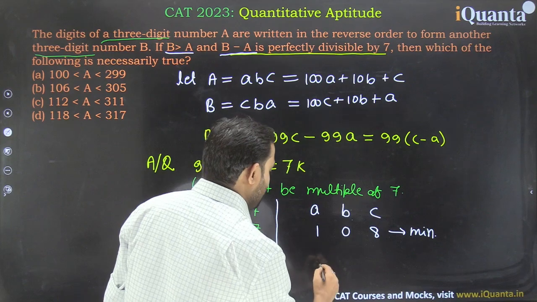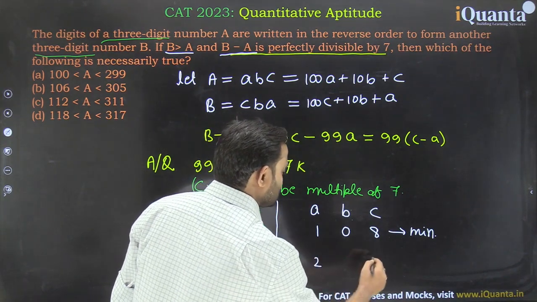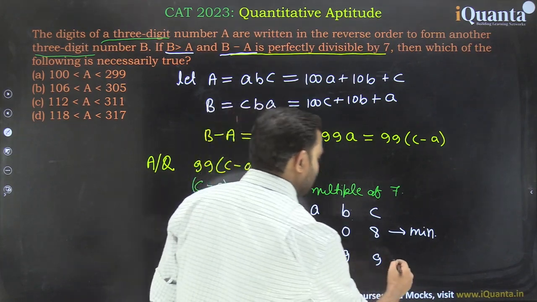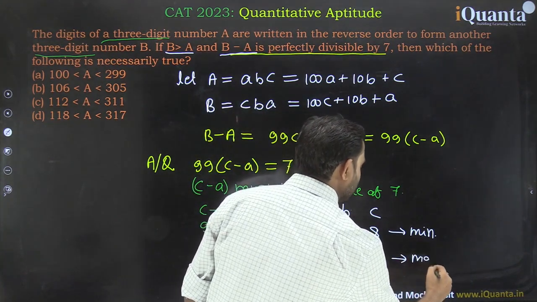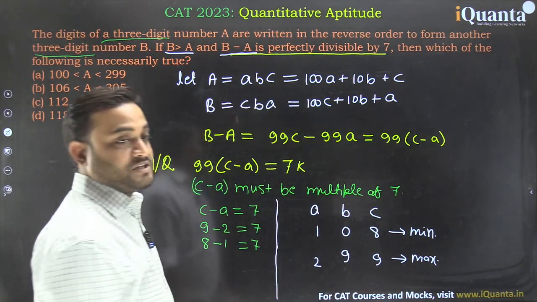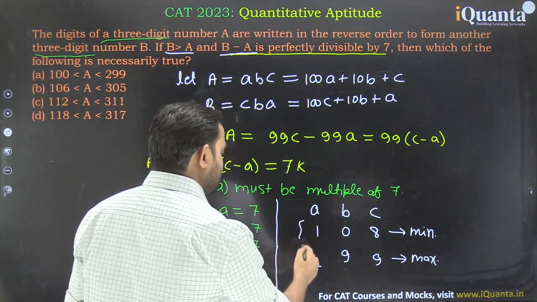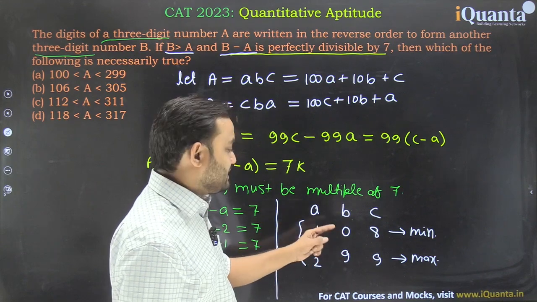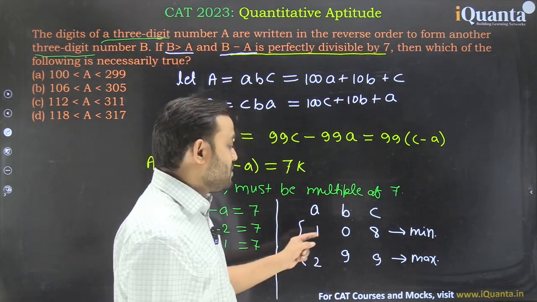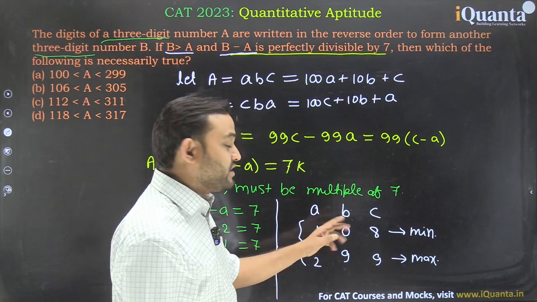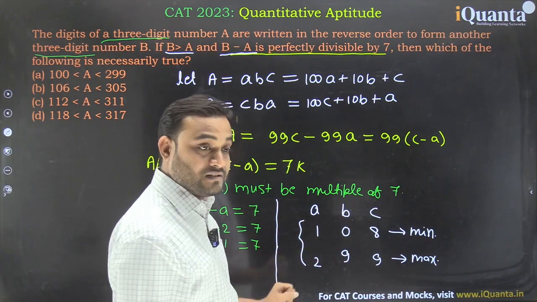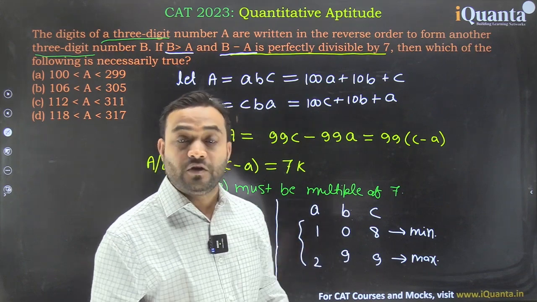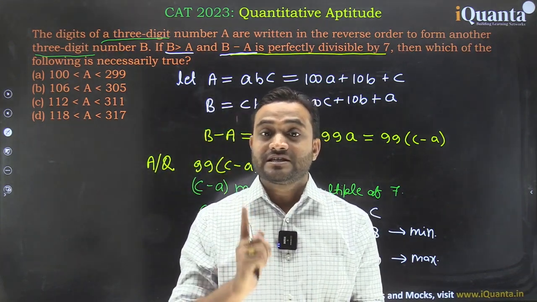When A is equal to 2, C will be 9 and the maximum value of B will be 9. So this is going to be the maximum value of ABC. So we have the range: if we change B to 1, then 2, then 3, then 4, we get different numbers: 108, 118, 128, 138, 148. Similarly, 289, 279, all of these numbers will be the value of the 3-digit number A.